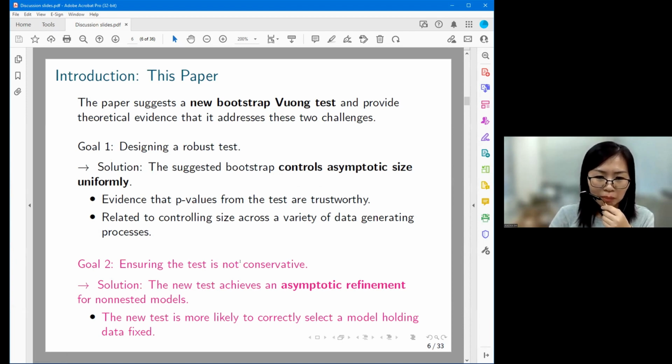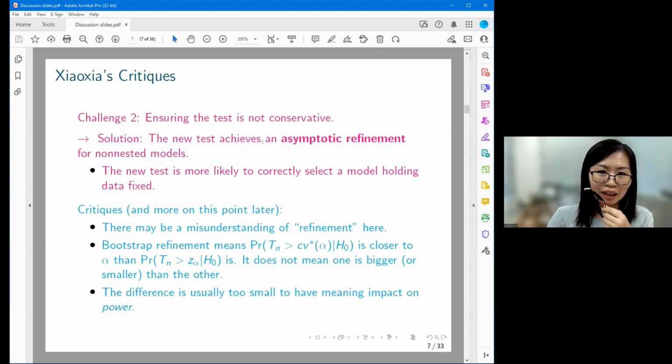And this paper also claims that the test is not conservative, but this is not really proved. So I would suggest making the second goal as, the test has better power, which is demonstrated in a Monte Carlo simulation. So that is a property that is supported by Monte Carlo evidence.